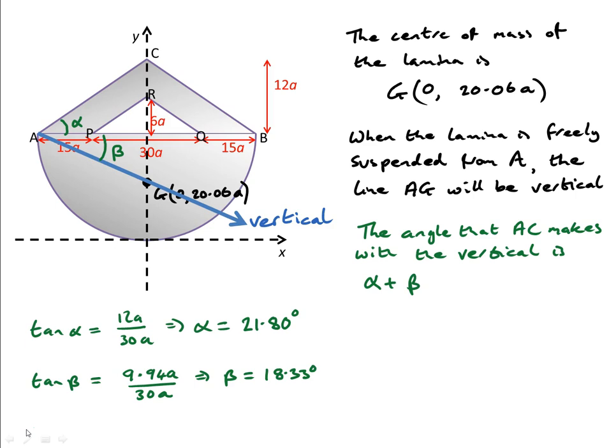So that's by considering the triangle consisting of A to the midpoint of AB and from that midpoint down to G. So we've got tan beta is 9.94 divided by 30, and that gives me beta is 18.33 degrees. So the angle that AC makes with the vertical is 40.1 degrees.